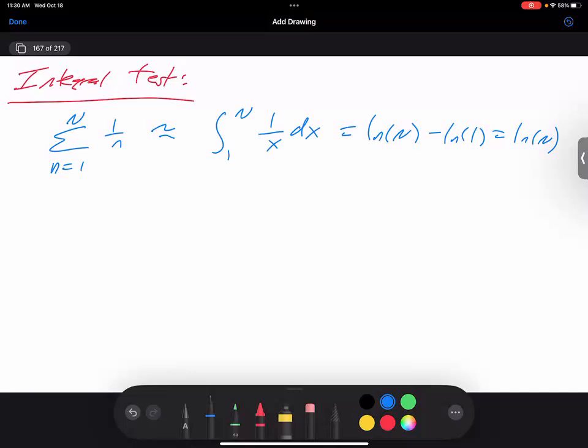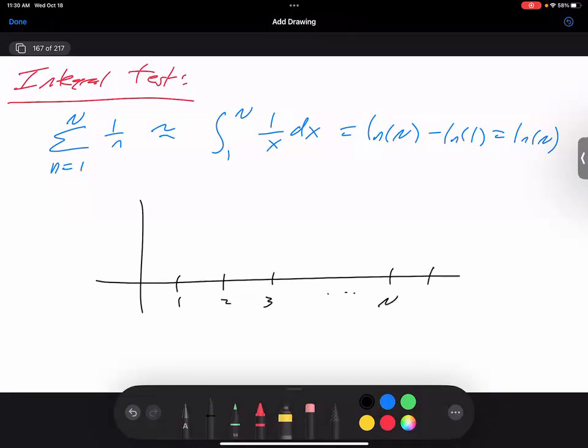You can do a little bit better by trying to get a sense of what the error terms are, and you can get upper and lower bounds. I just want to very briefly review the integral test. So here's 1, 2, 3, ... big N minus 1, big N, N plus 1.